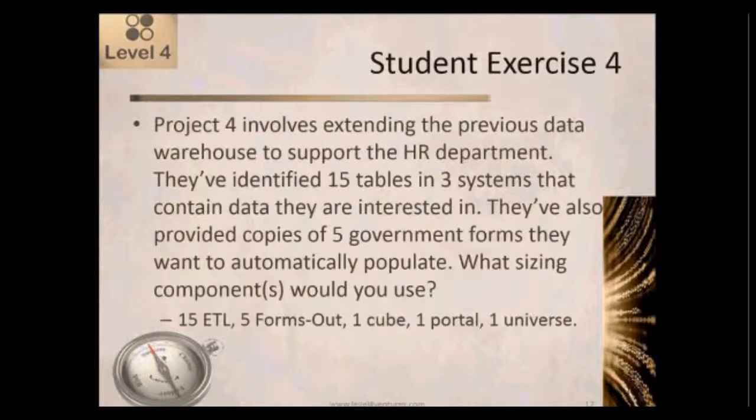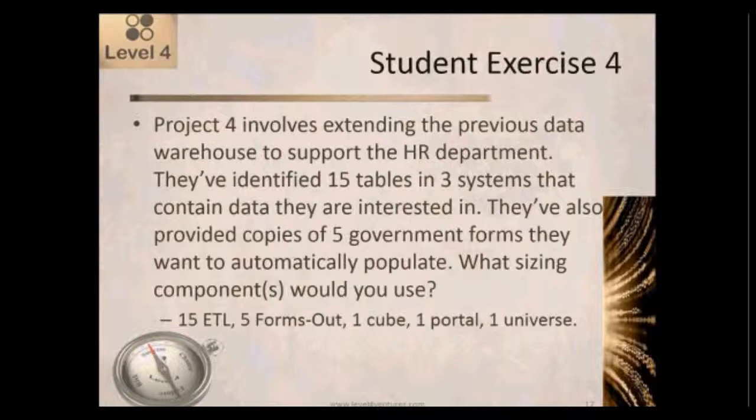So, William, I had a question on the one before, the last one. So it's 15 tables, so it's 15 ETLs. Is that what you're? Yes. Unless you know otherwise, you would always assume one ETL per source table.